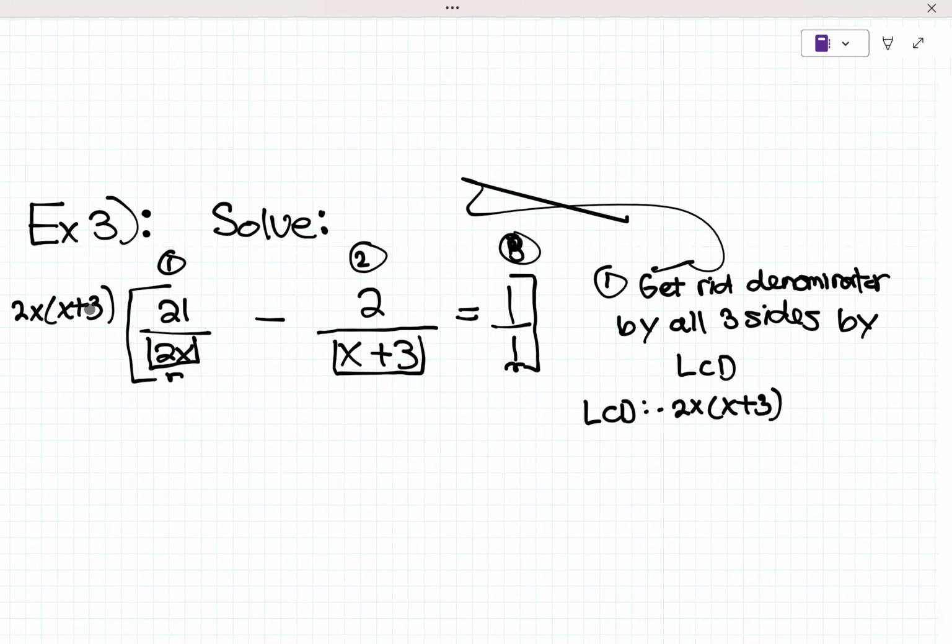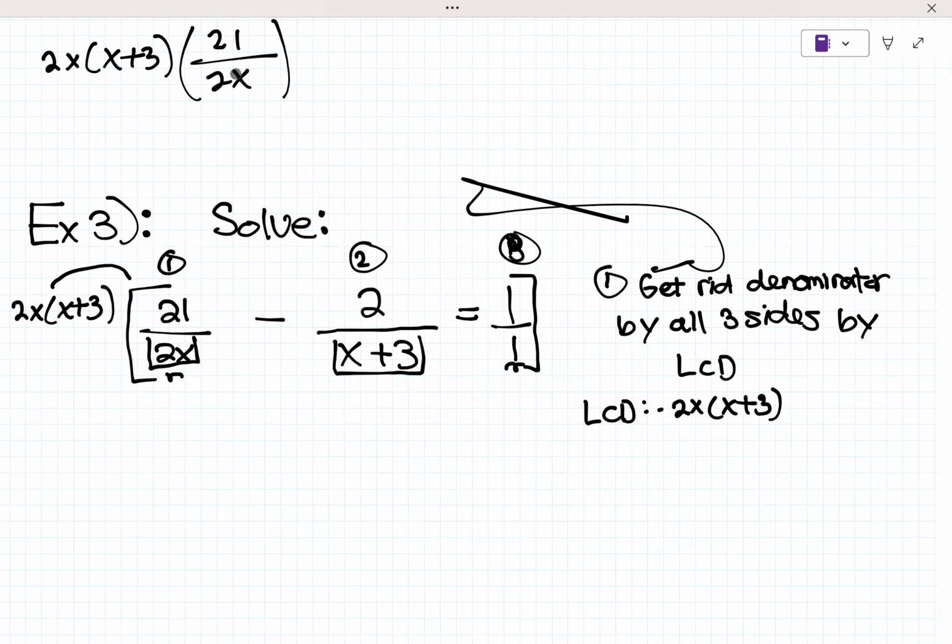Okay, so that's a little bit confusing. So let's do the first side. What is 2x times x plus 3 times 21 over 2x? You just have to be very neat. There's a little trick that I do: if it is the same on the top and bottom, they cancel. If you have to do it one at a time, look at anything that's the same top and bottom.